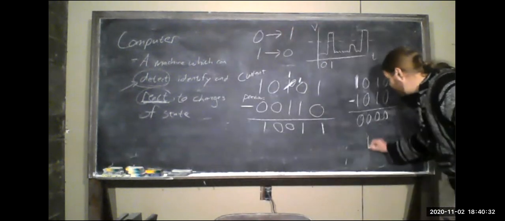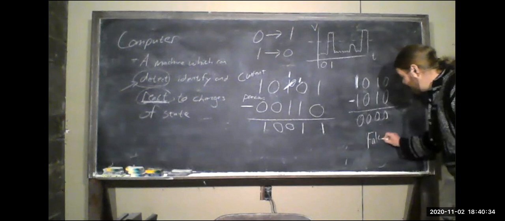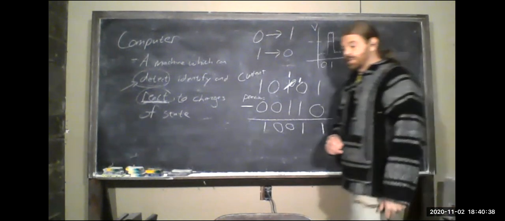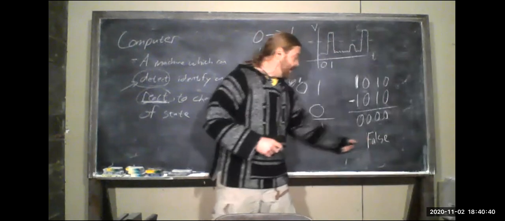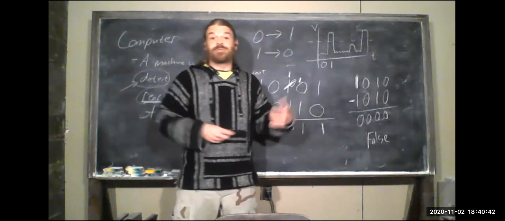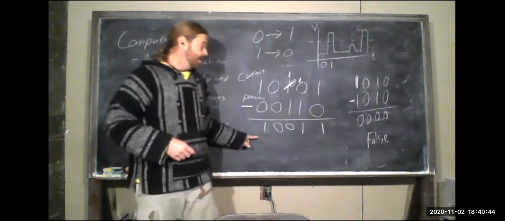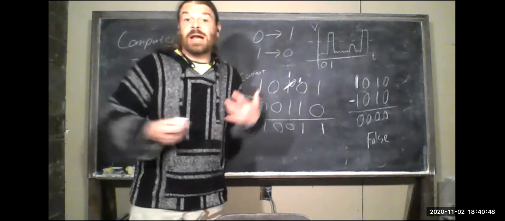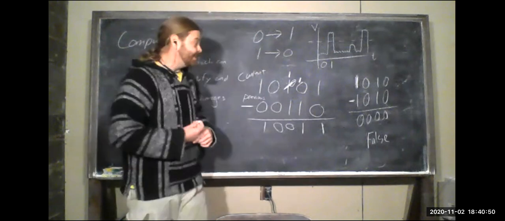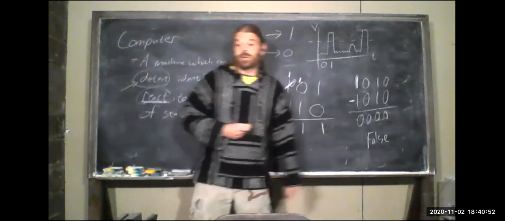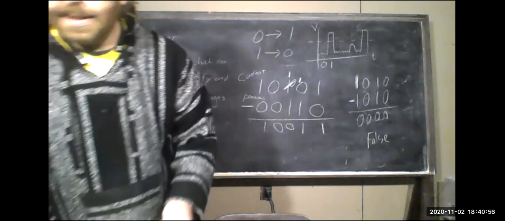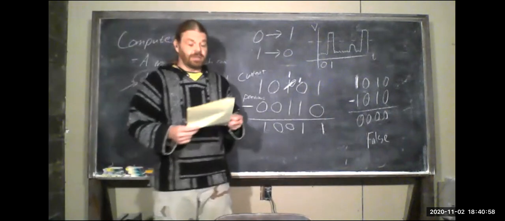So really, the computer is only checking false. So we don't really have true and false, we have false and not false. And depending on how far you go in programming, that distinction may be important, but it doesn't show up till much later.